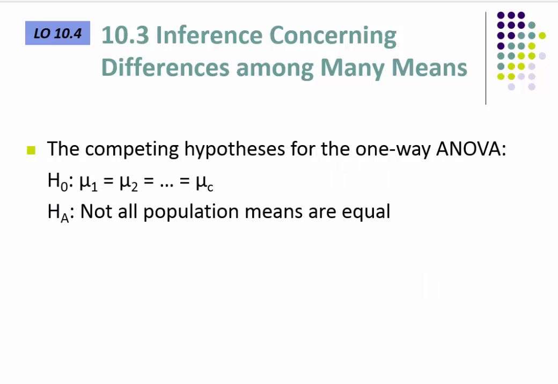And the basic hypothesis for ANOVA is reflected here, that mu1 equals mu2 equals mu3 equals mu4 equals whatever up to mu c. And then the alternative is that mu1 does not equal mu2, does not equal mu3, etc. So we're really looking to see if this group over here is equal to that group over there is equal to this group over here.